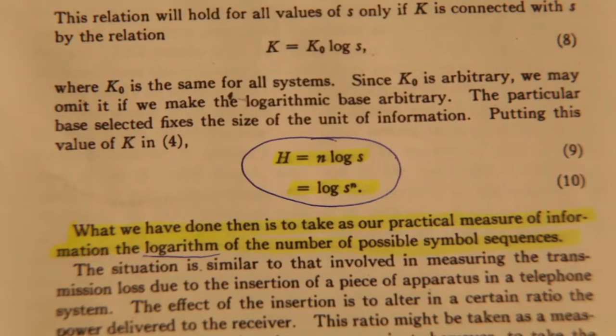And this can also be written as H equals the logarithm of S to the power of N. And Hartley writes, "What we have done then is to take as our practical measure of information the logarithm of the number of possible symbol sequences." So information is the logarithm of the message space.